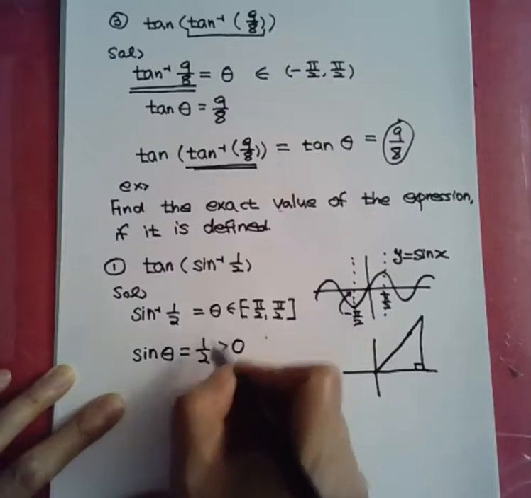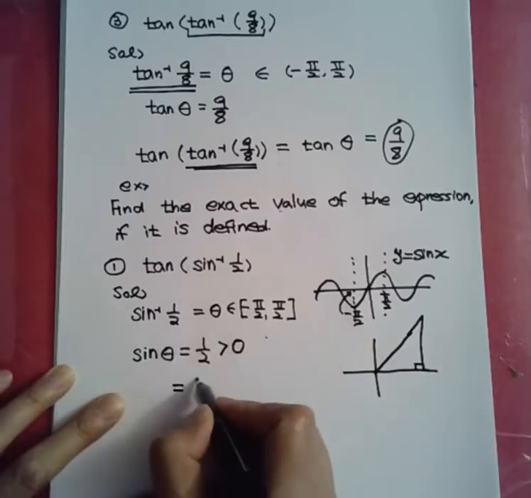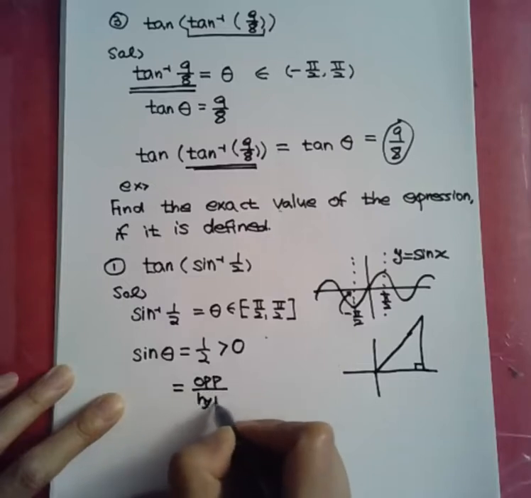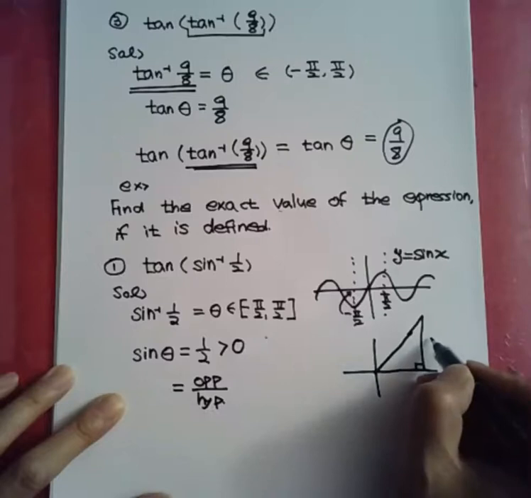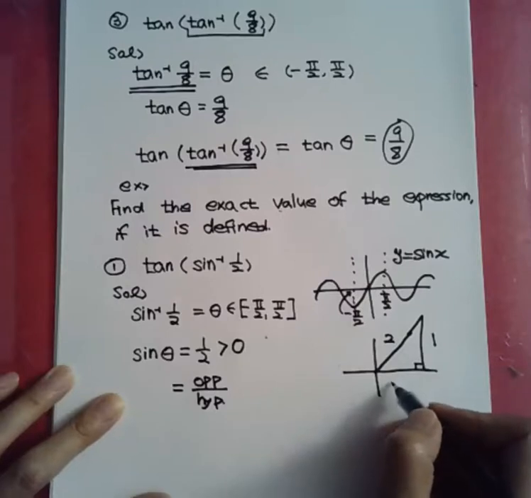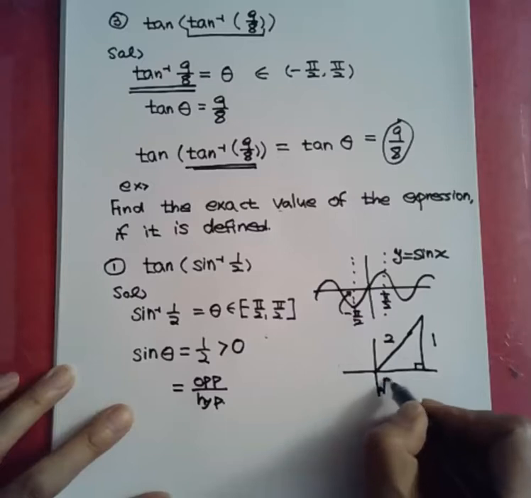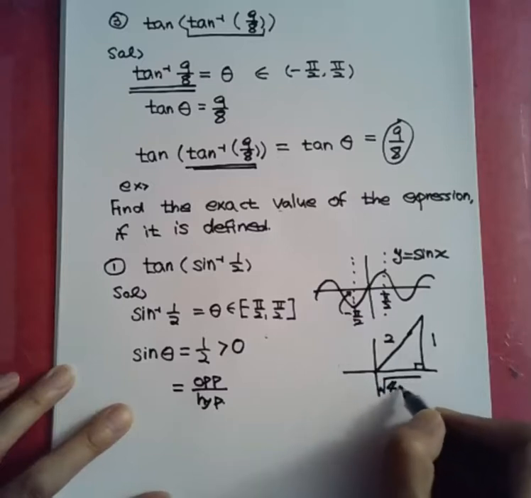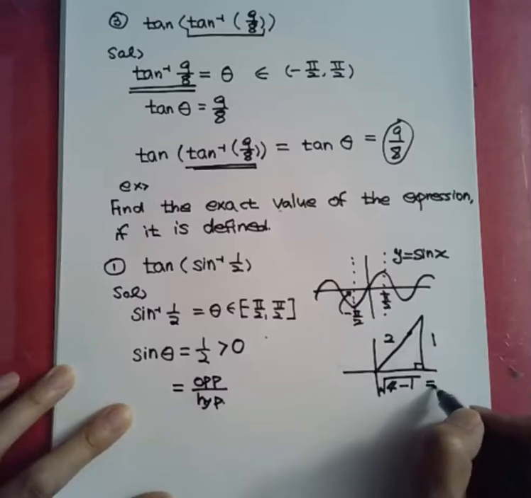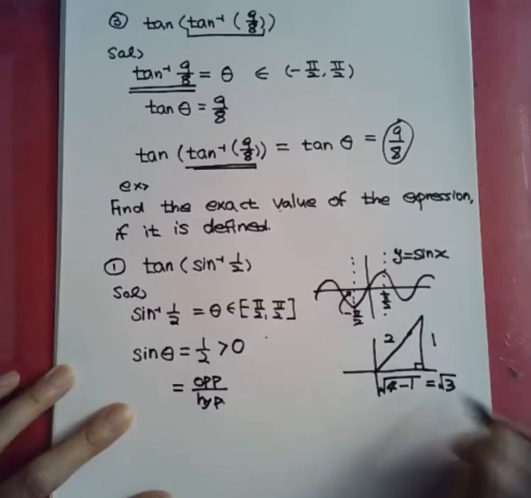And 1 is opposite and 2 is hypotenuse. So this is 1 and this is 2. And we know that this one is square root of 3, because hypotenuse squared minus the adjacent squared, 1, and then take a square root, that is square root of 3.